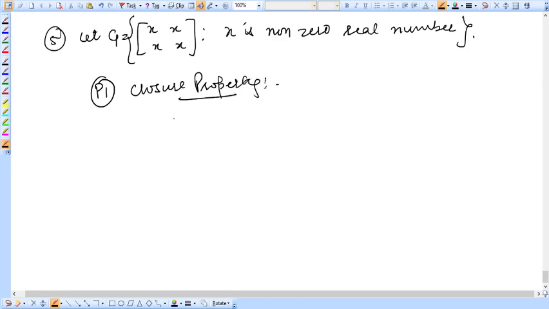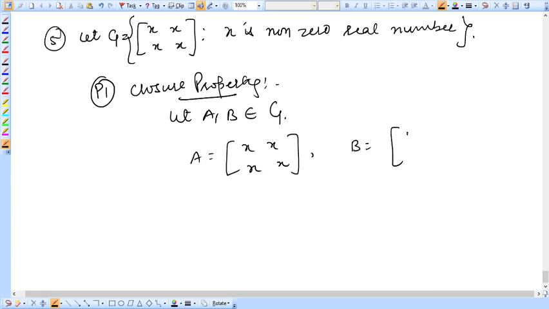For closure property, let us take two elements from G where A is equal to [[x, x],[x, x]] and B is equal to some other element [[y, y],[y, y]]. Let me specify the operation here.